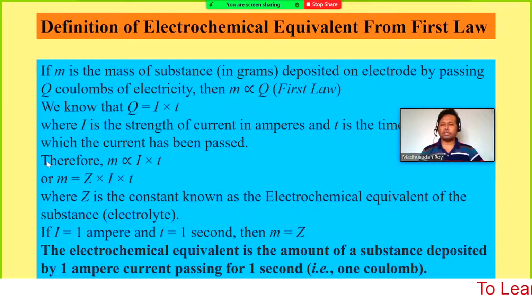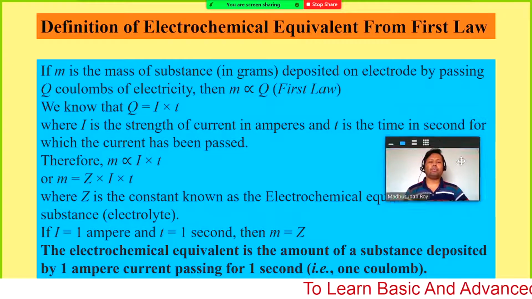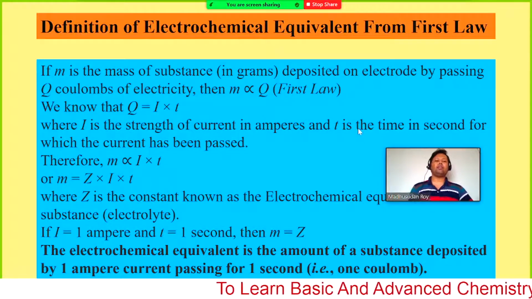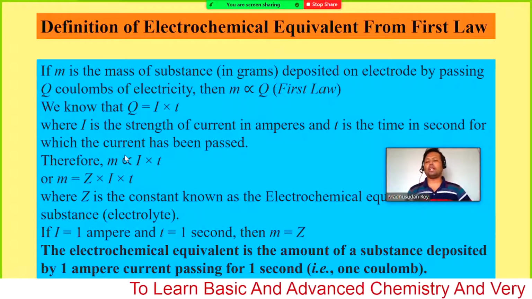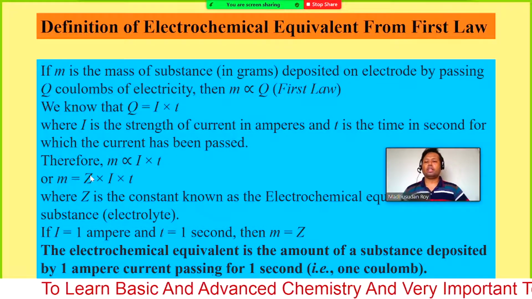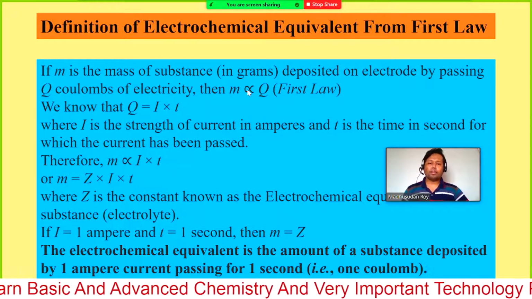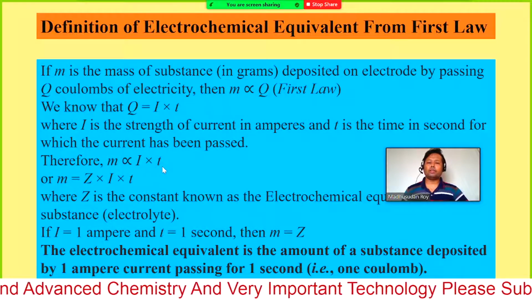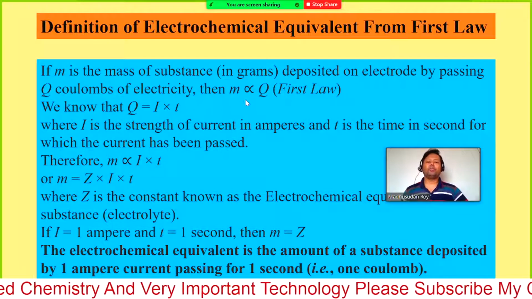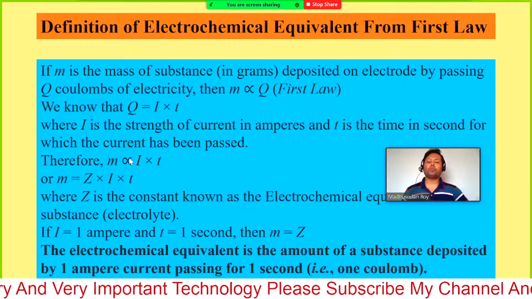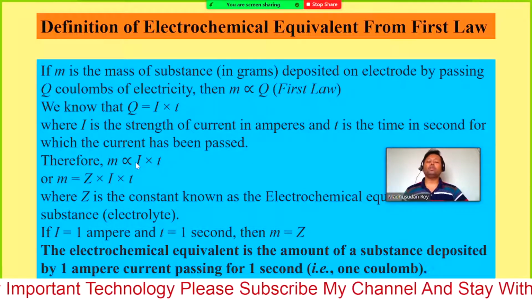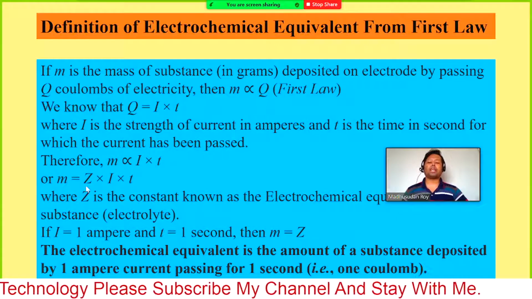So here you can see where I is the strength of current in amperes and t is the time in seconds for which the current has been passed. Therefore m is proportional to I into t. Now if you want to remove the proportionality sign, you need to multiply with some constant.